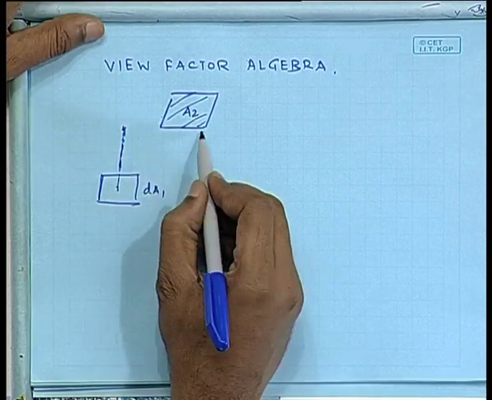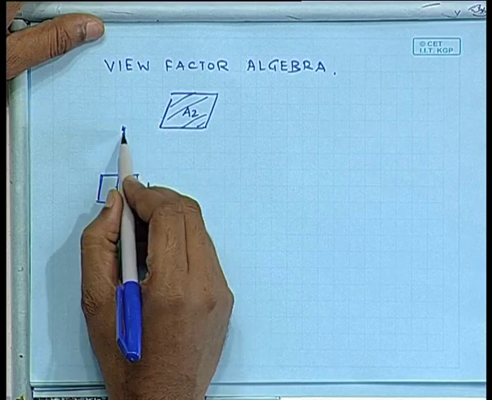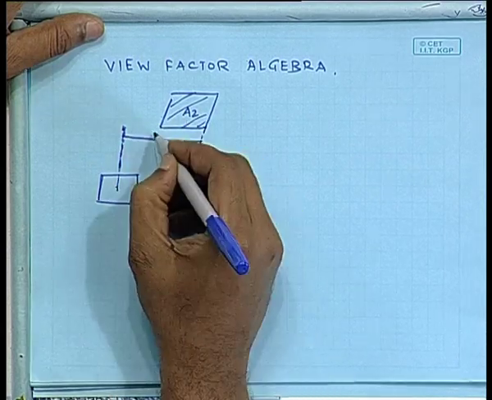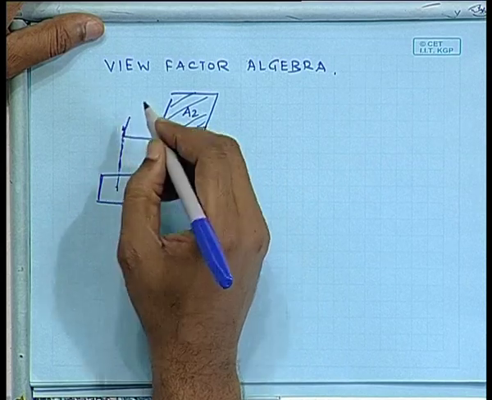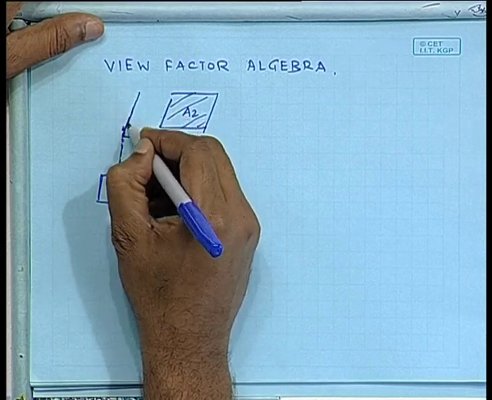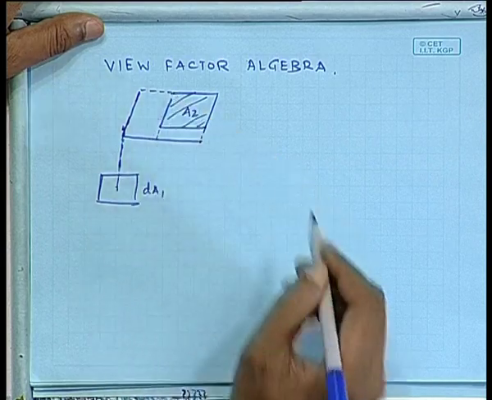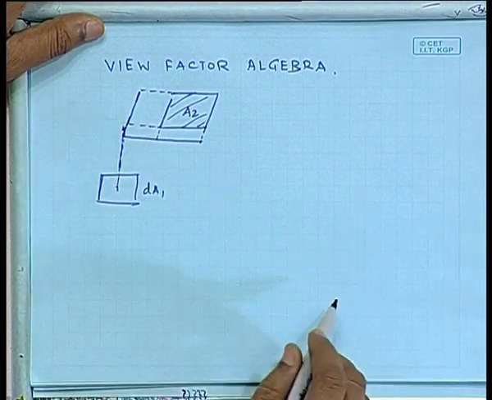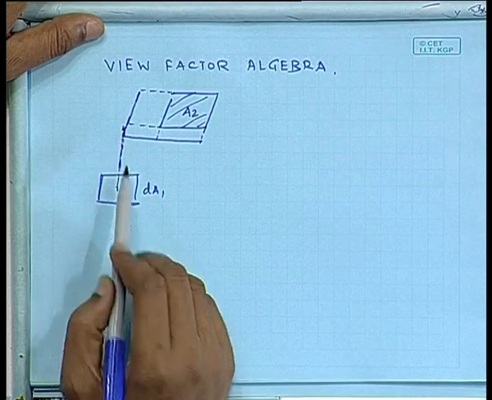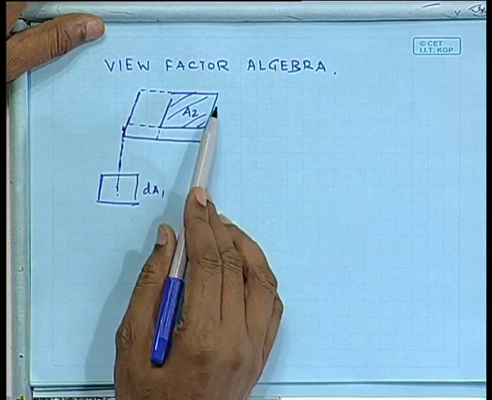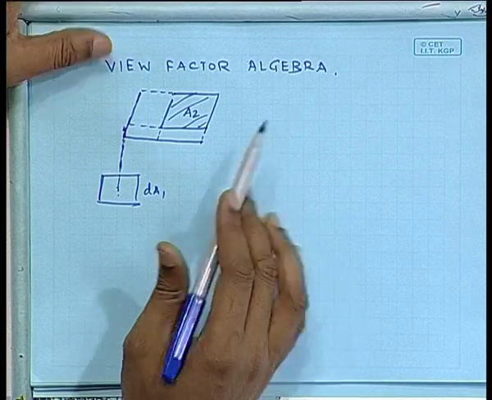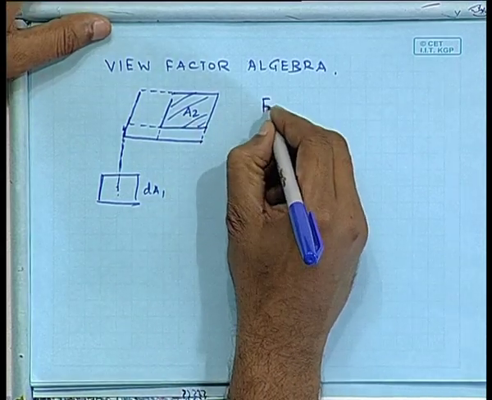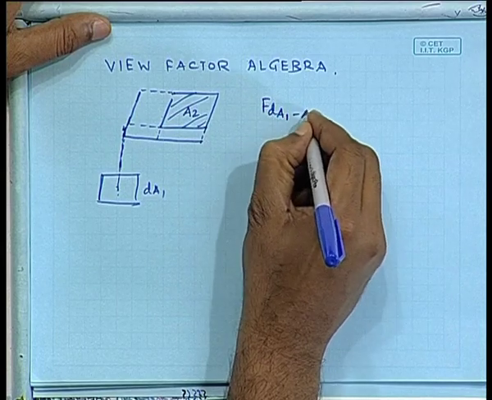But I would still like to find out what the view factor is. The easy thing to do is think of this area as if I have, do I have the view factor from dA1 to the large surface? Yes, that is there, but I have to find out the view factor from dA1 to A2.